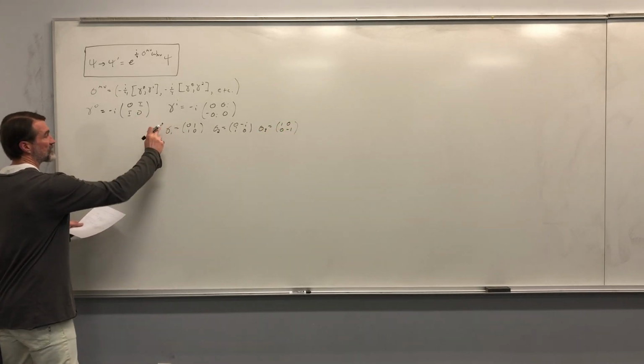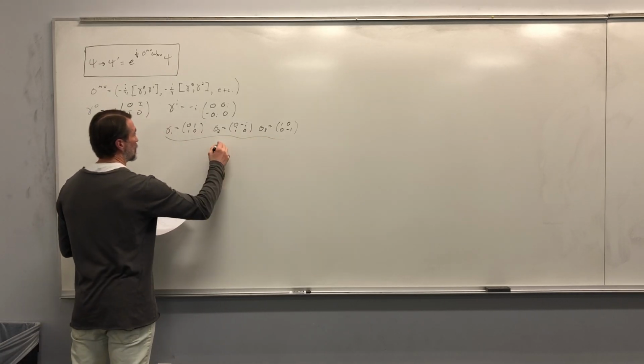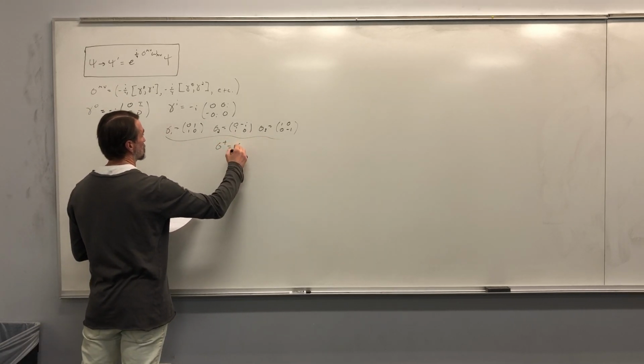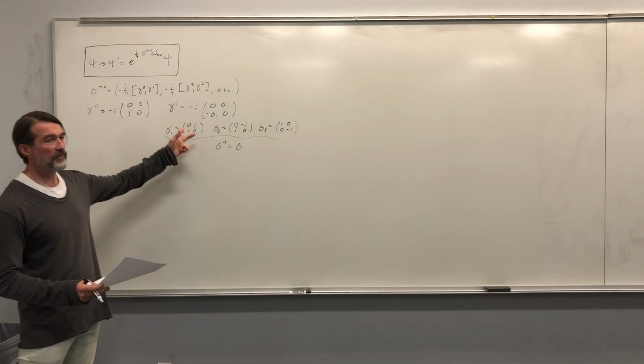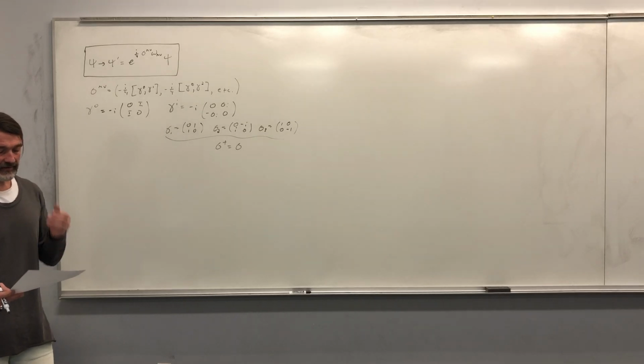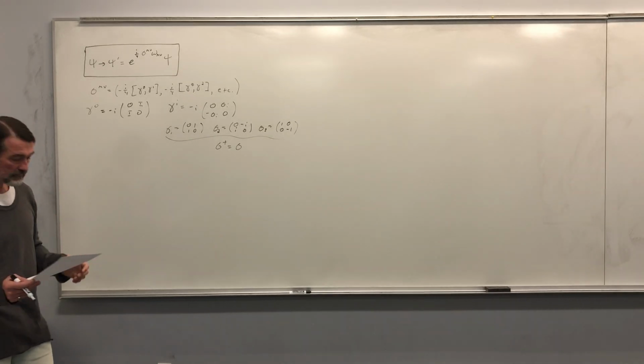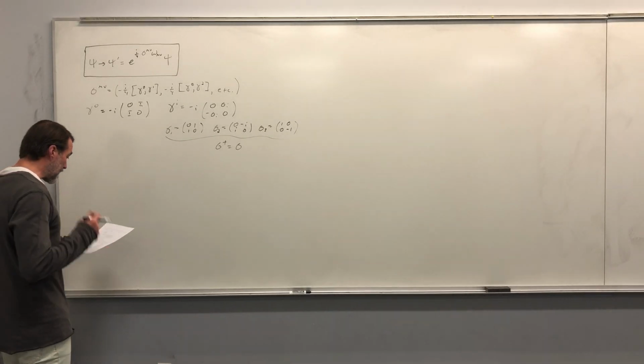Notice all of these sigmas enjoy the property that sigma dagger equals sigma. That is, if you transpose and complex conjugate, you get the same thing you started with back.